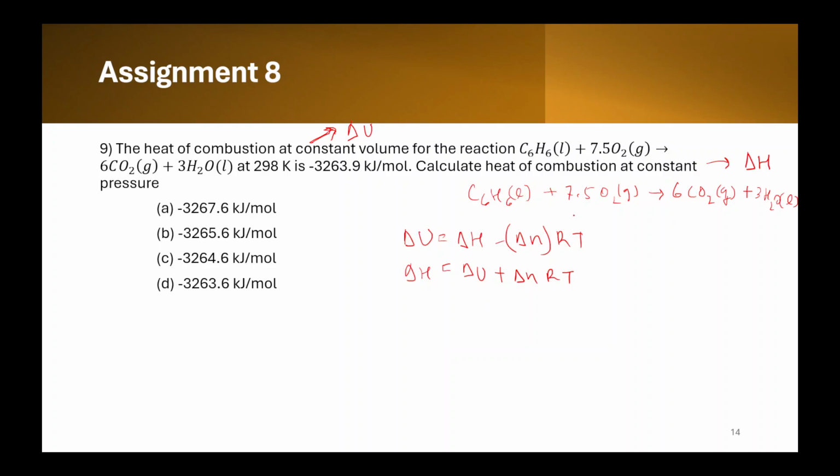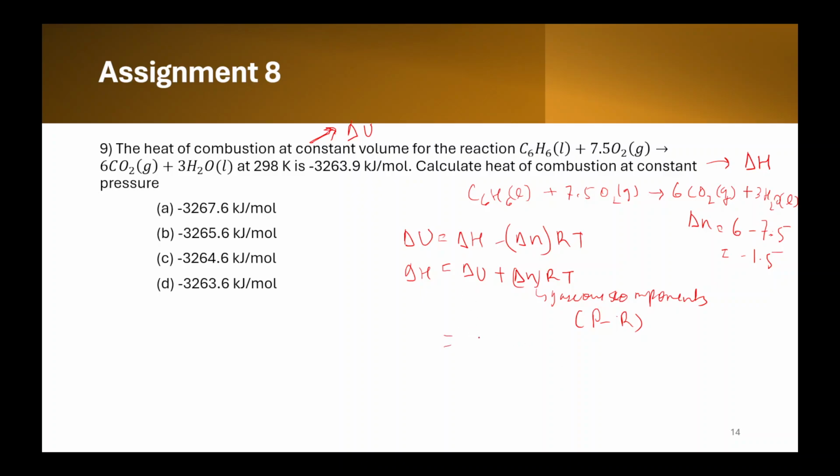So we are given this reaction, and this will be for gaseous components, product minus reactant. In the product side there are 6 moles, and on the reactant side it is 7.5 moles. So we get delta n as 6 minus 7.5, so we get minus 1.5.